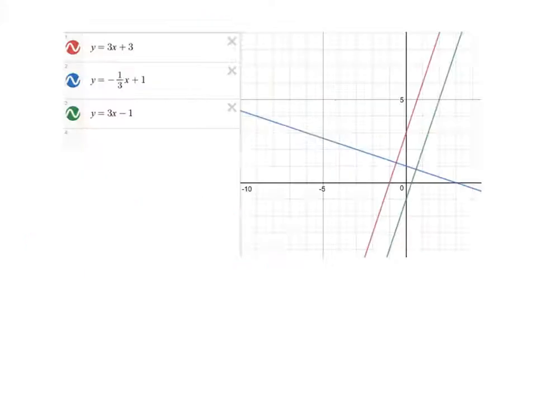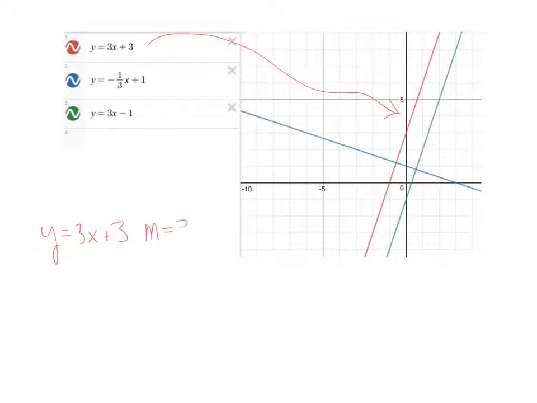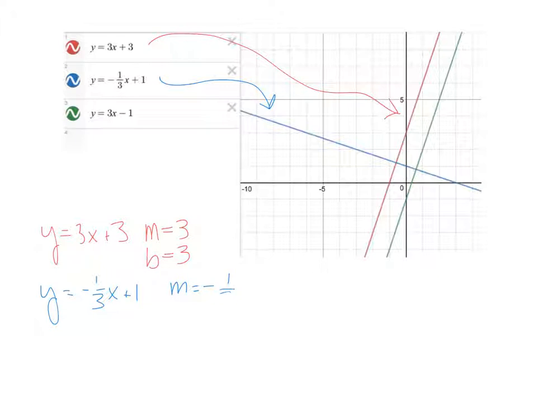Okay. All right, what we see here is I have this red line. The equation of the line is y equals 3x plus 3, where my slope is 3 and my y-intercept is 3. Then I've got the blue line, y equals negative 1/3 x plus 1. The slope is the opposite sign and the reciprocal of the red line, and my y-intercept is 1.